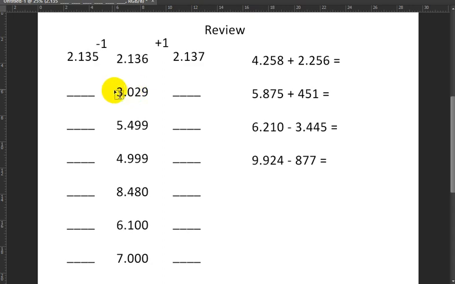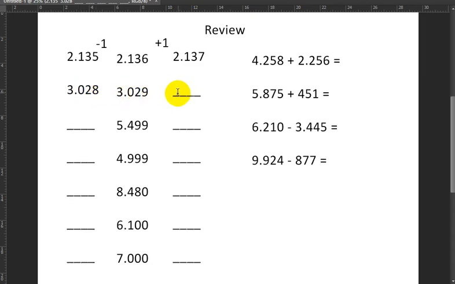The problems start right around here. So here we have 3,029, right? Now, with the previous number, I can say, okay, I'm just going to make the 9 one less. So here, instead of a 9, I'm going to have an 8. So 3,028.